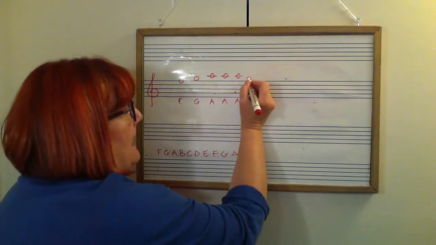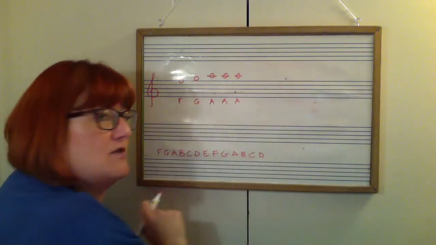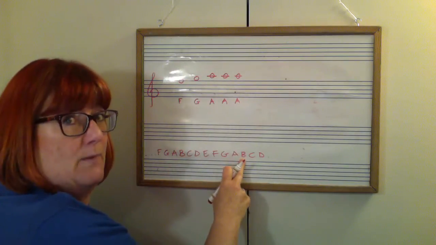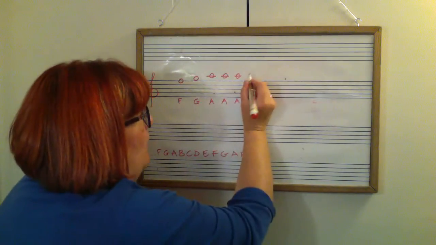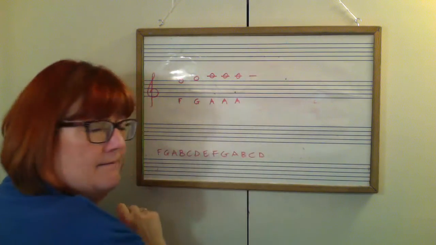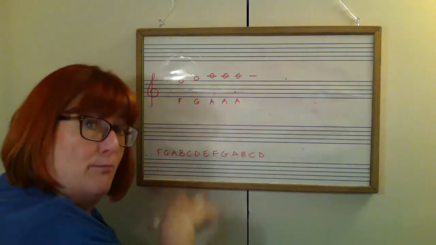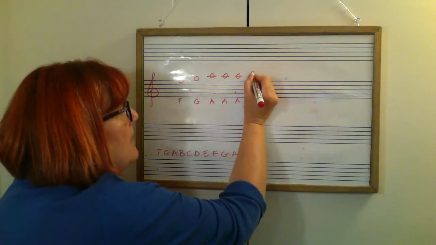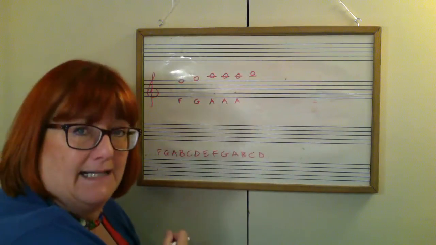So let's see now. After the A, what letter do we have in our musical alphabet? We have B. But we haven't got a space. So this is what we do. We draw a line, the A line, but we don't put the A on there because we don't want an A, we want a B. So we put the B above it like that.